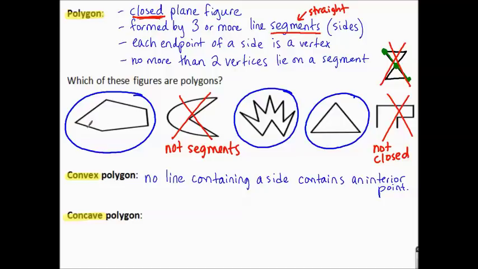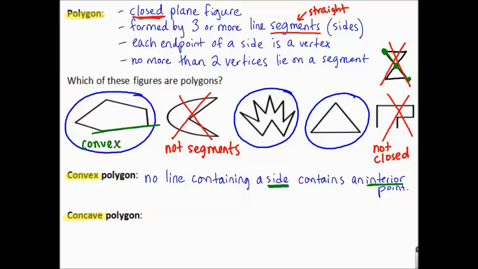Basically, if I take any of the sides that are here and I trace over any of the sides, it does not go into the interior of the polygon. No line containing a side. So if I trace a side, it will not go into the inside of that polygon. So for example, any side I trace over here stays on the outside.